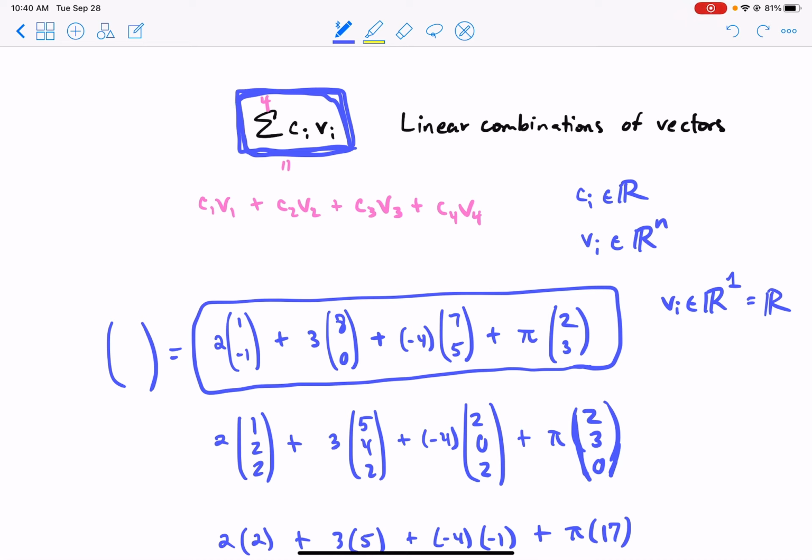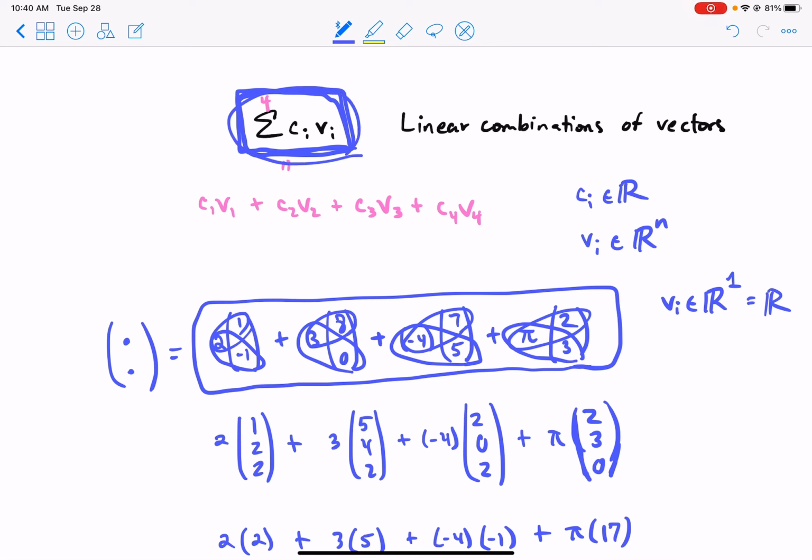Well, a vector in R^2, in this case, has two components. And the first one is 2 plus 24 minus 28 plus 2 pi. And that number goes there. Then the second component, what's this number? Well, the second number should be negative 2 plus 0 minus 20 plus 3 pi. That's some number, and it goes there.